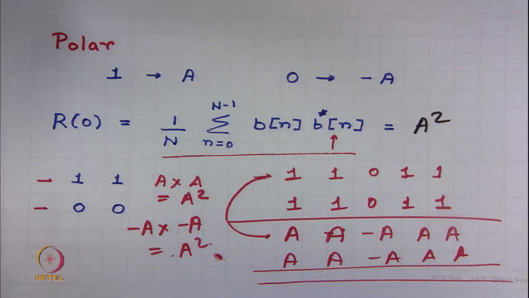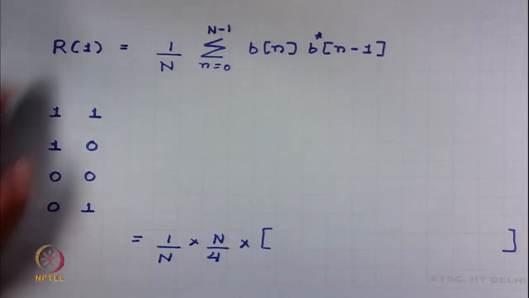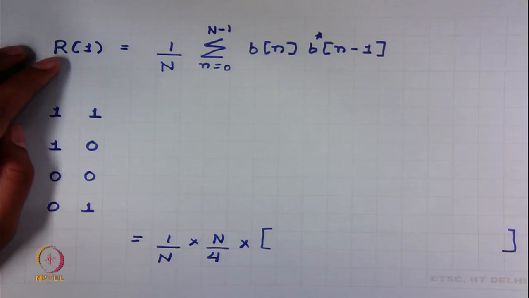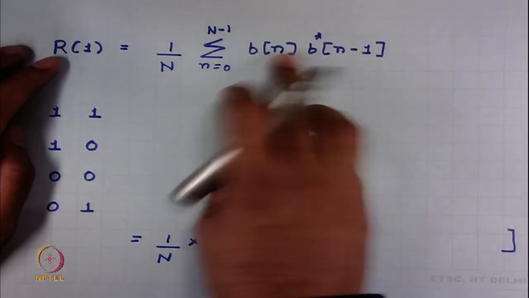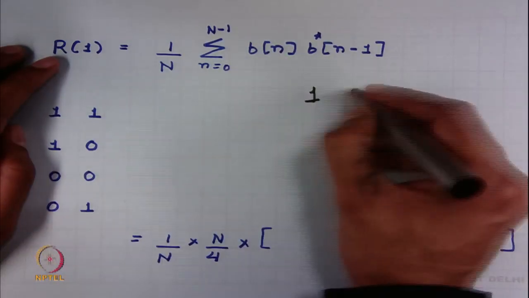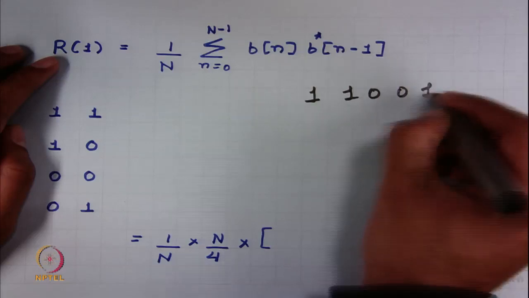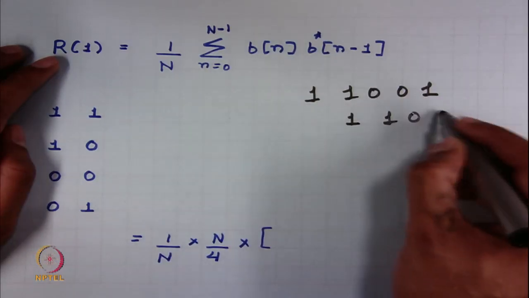Let us now see what happens if I have R of 1. If I have R of 1, then this sequence would be delayed by 1 bit corresponding to this sequence. So, if I assume a binary sequence, this Bn minus 1 will be a delayed version of this.